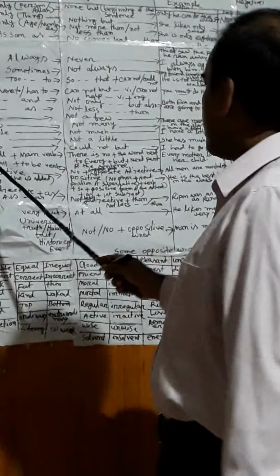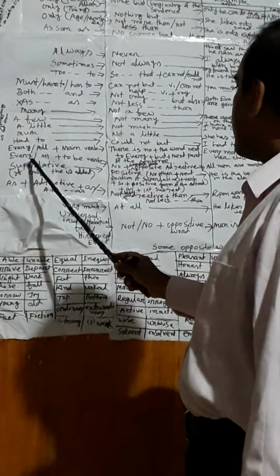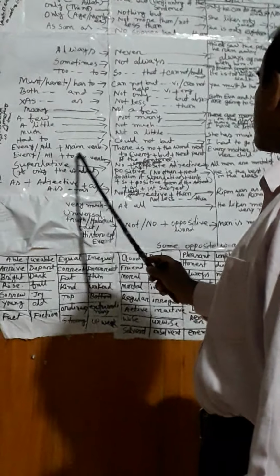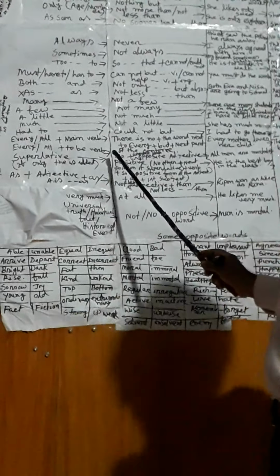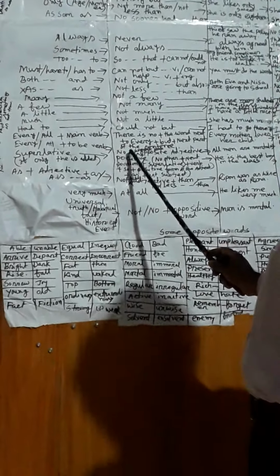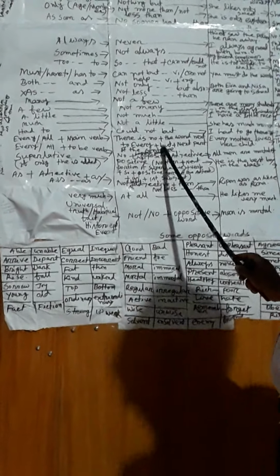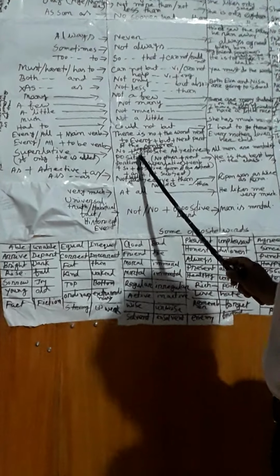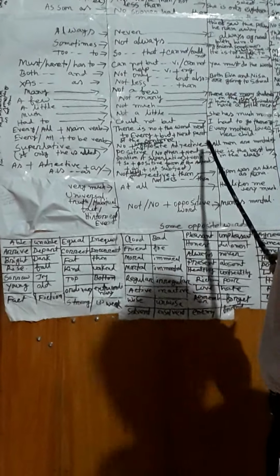I will move to another rule. If you find every or all plus a to-be verb in an affirmative sentence, then you have to use no plus singular noun plus opposite adjective in the negative sentence. For example, all men are mortal.